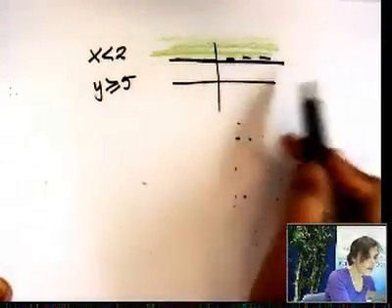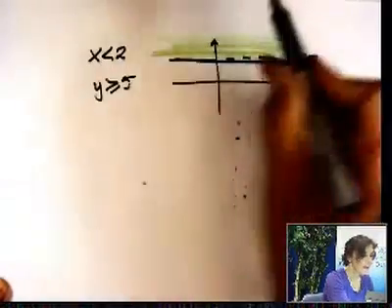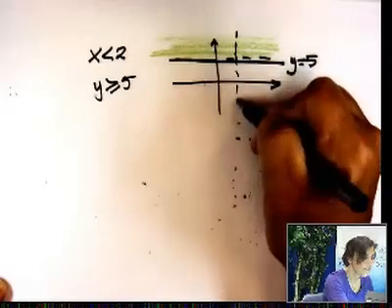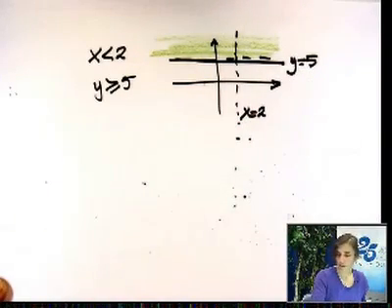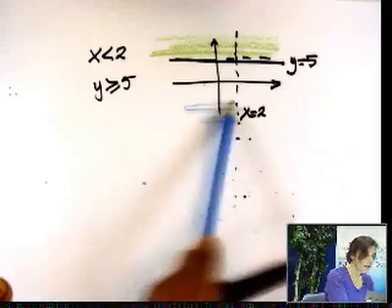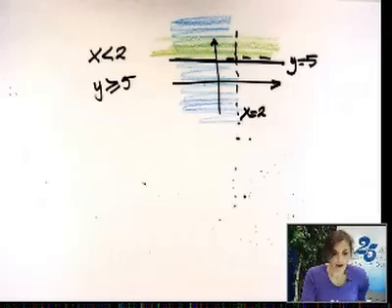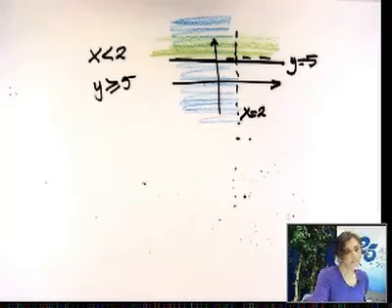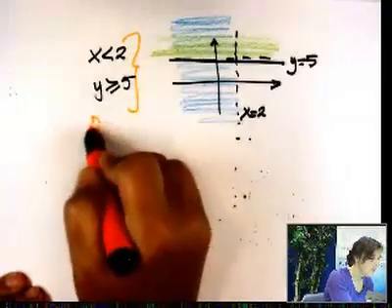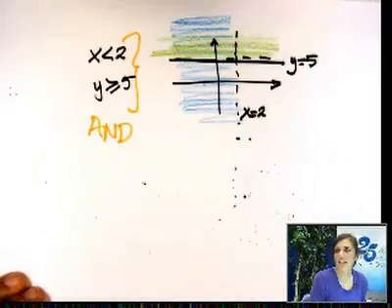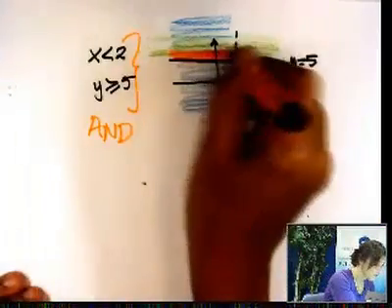So this one is solid. That's y equals 5. And then x is less than or equal to 2. That's x equals 2. So it was to the left, the blue. I said, okay, well, when these two are together with an and statement, the region that's applicable is where the overlap is, which is this.